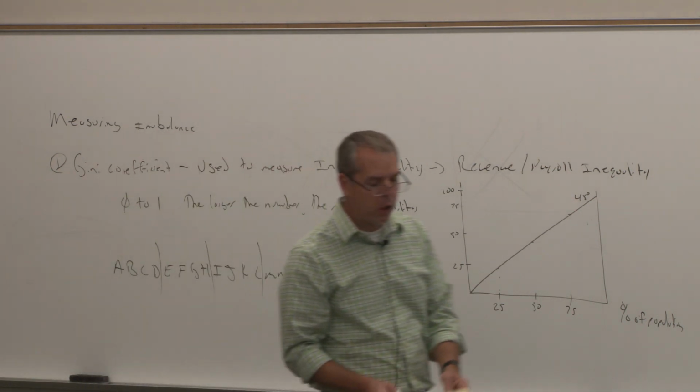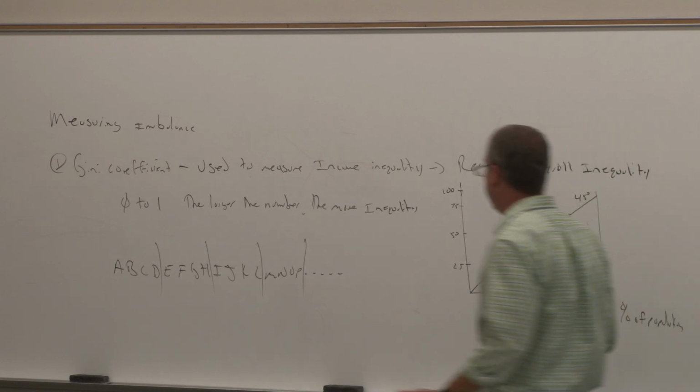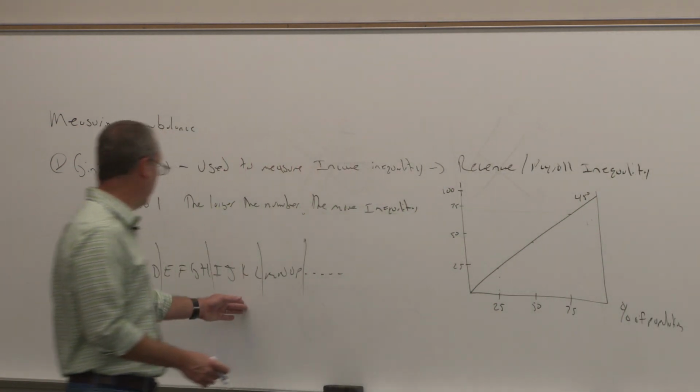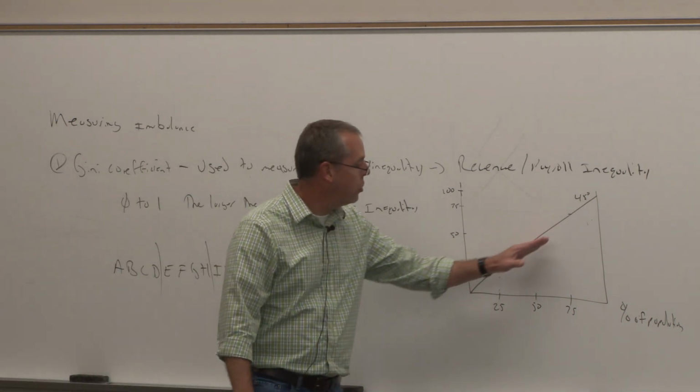If we have perfect equality, 25% of the revenue is going to be captured by 25% of the teams. 50% of the revenue will be captured by 50% of the teams. 75% of the revenue will be captured by 75% of the teams. And that would be on this line.